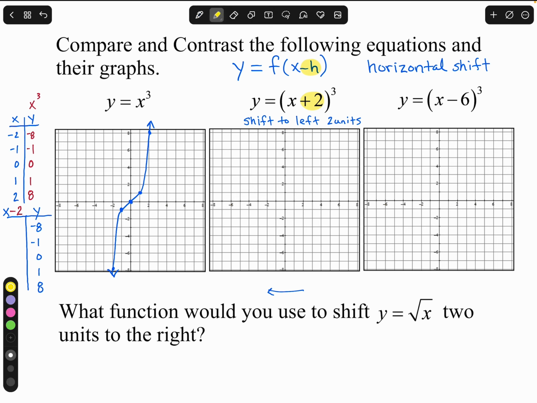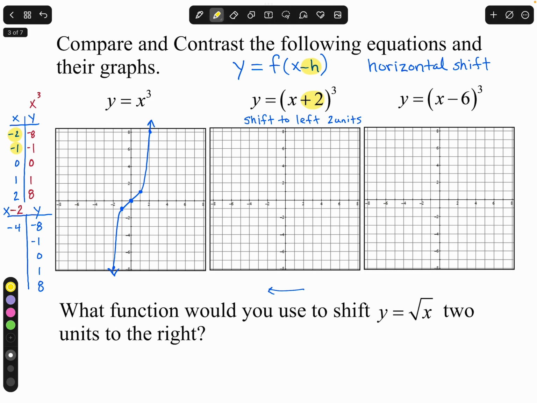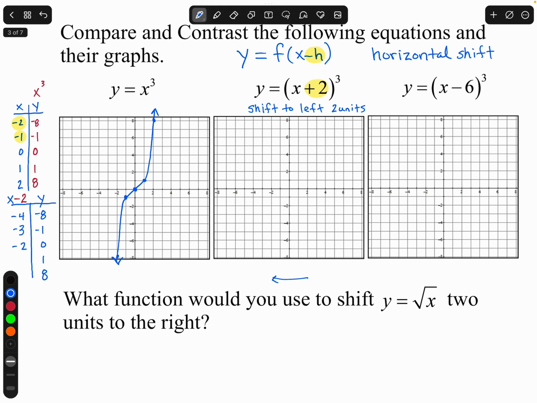In this case, we're just taking the values that we have up here, -2, and we're going to subtract 2 from it, and that's going to give us -4. We'll take our -1, subtract 2 from it, and that will give us -3. And then 0 minus 2 would be -2. 1 minus 2 would be -1, and then 2 minus 2 would be 0.